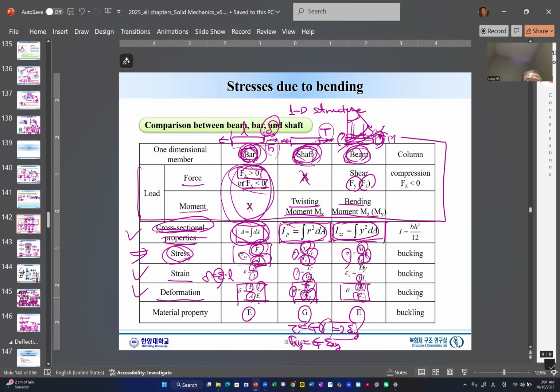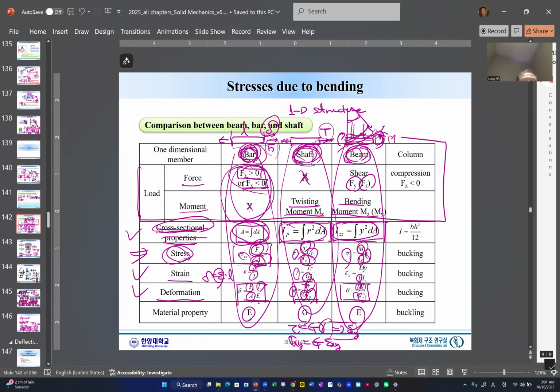So rather than trying to understand beam theory and shaft torsion theory separately, try to understand them together. And conceptually, they are the same.